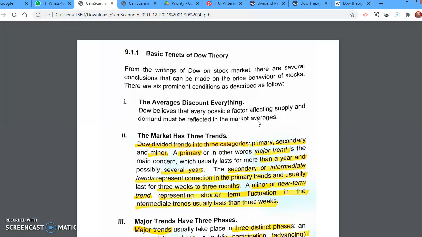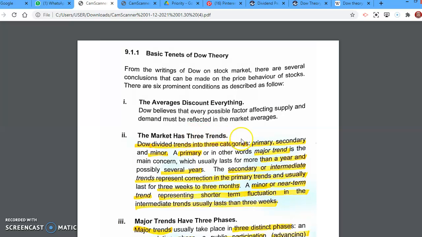According to the Dow Theory, based on its average, it will look at where one average moves and it will state that the next related average will follow. The next related average will follow, right? So that is what is said about the Dow Theory, based on average.